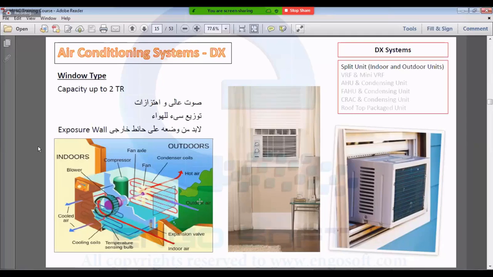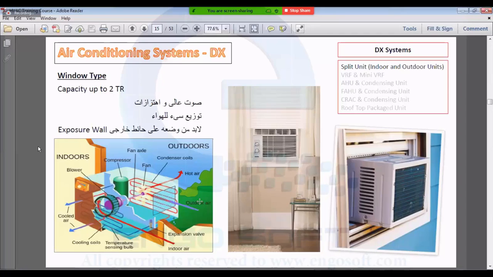So the capacity of the window type doesn't exceed 3 horsepower. There is no 5 horsepower from this unit. 5 horsepower is the standing unit, the very tall one, which is in mosques.